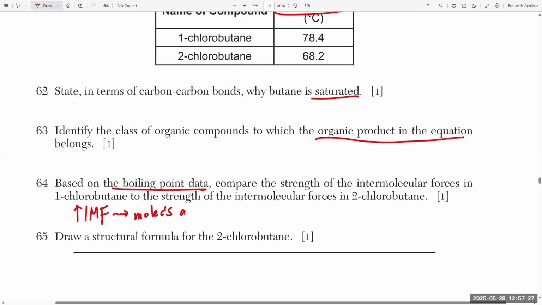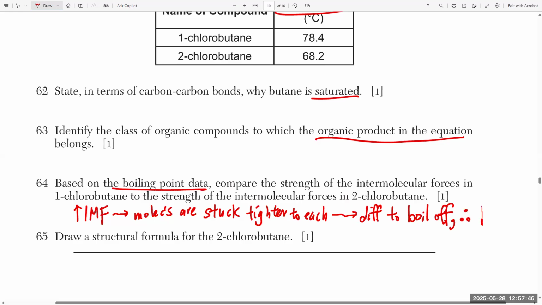Molecules are stuck tighter to each other, right? Which means what? Difficult to boil off, therefore higher boiling temperature. Okay, that's what this means.